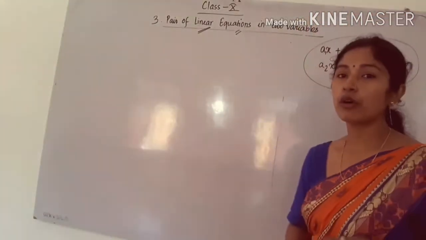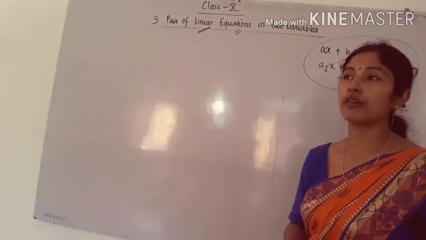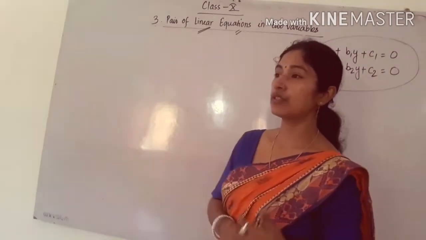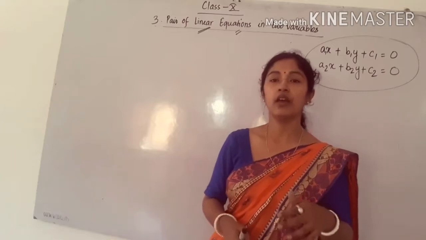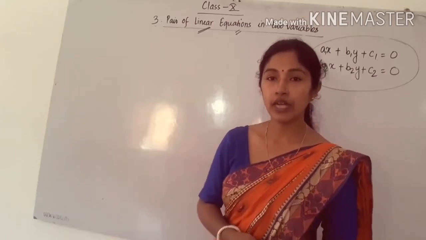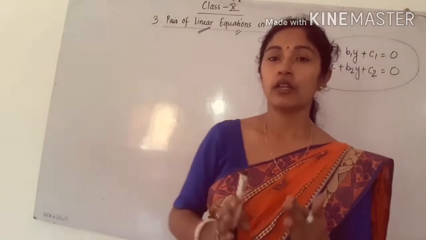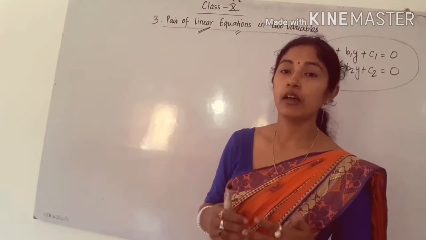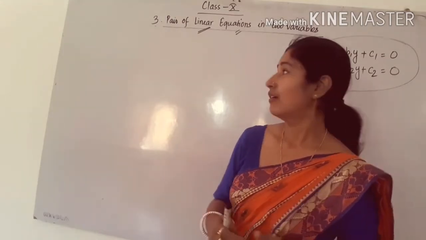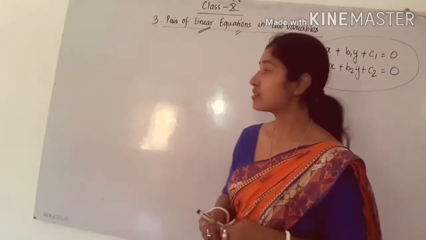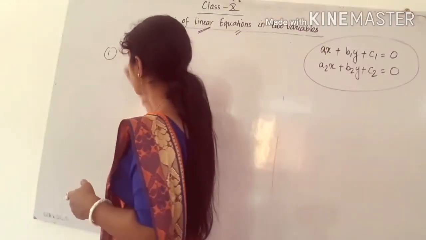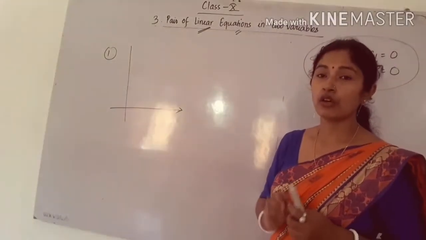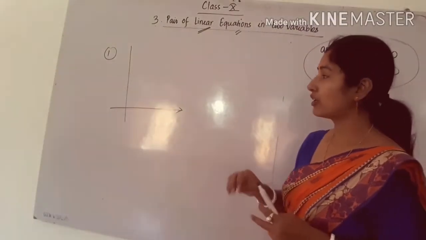Next, what about two linear equations? Just like one linear equation represents one straight line, the second linear equation also represents a second straight line. So when we plot the two straight lines in one graph, what may be the conditions? Suppose I am plotting the solutions of two straight lines in a graph.